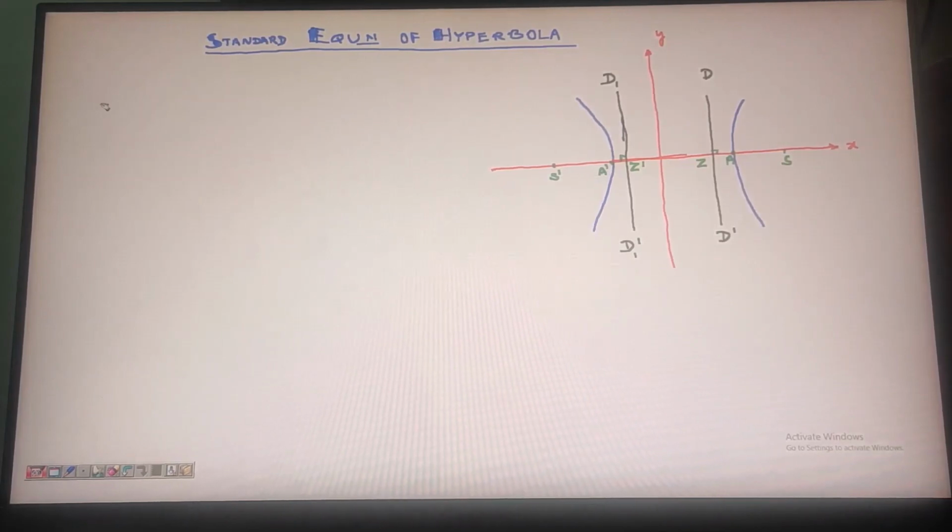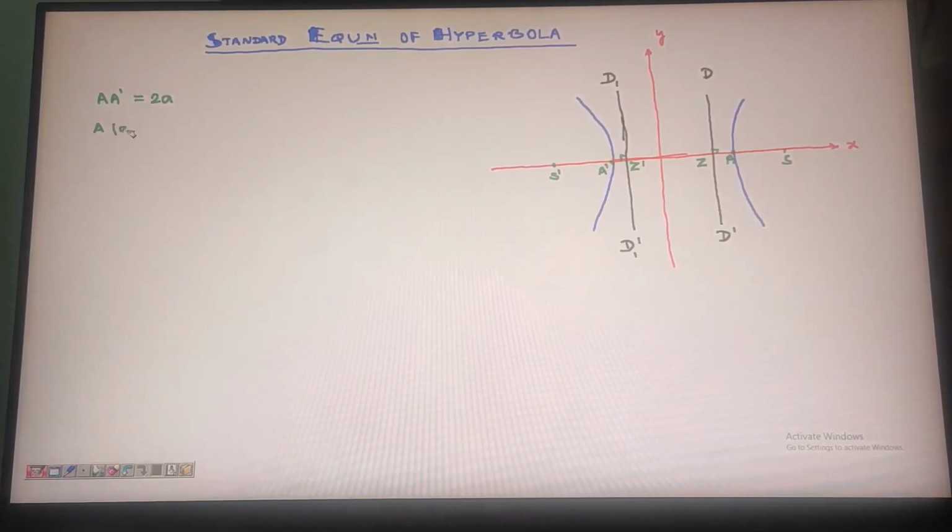We'll assume that A dash A is equal to 2a. That means the coordinates of A we know. Coordinates of A will be a comma 0, and coordinates of A dash will be minus a comma 0, right?